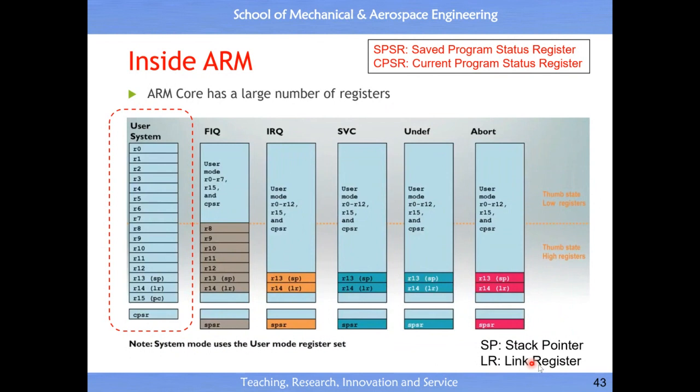The link register supports the execution of a series of functions. Let's say function 1, for example, can call function 2. When you finish function 2, you must go back to function 1. Then how do you go back to function 1? The address is stored by the link register. This is the status register.